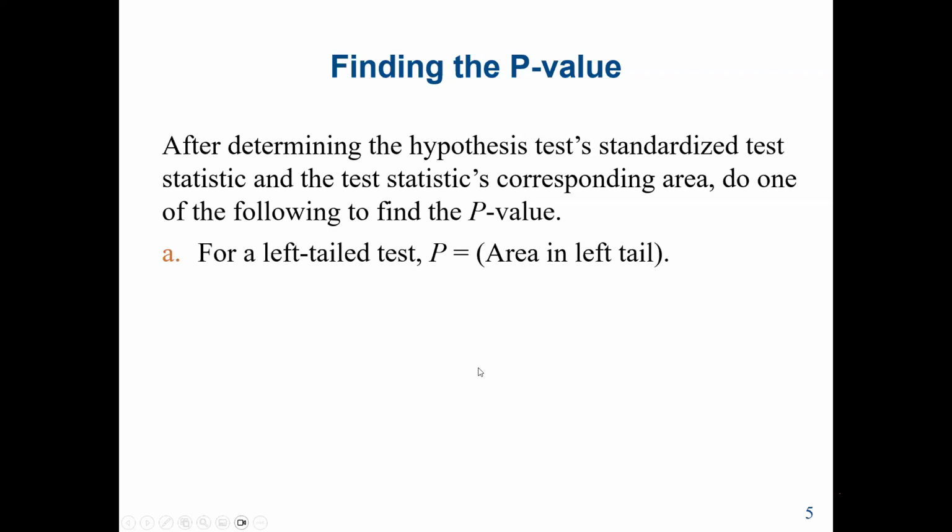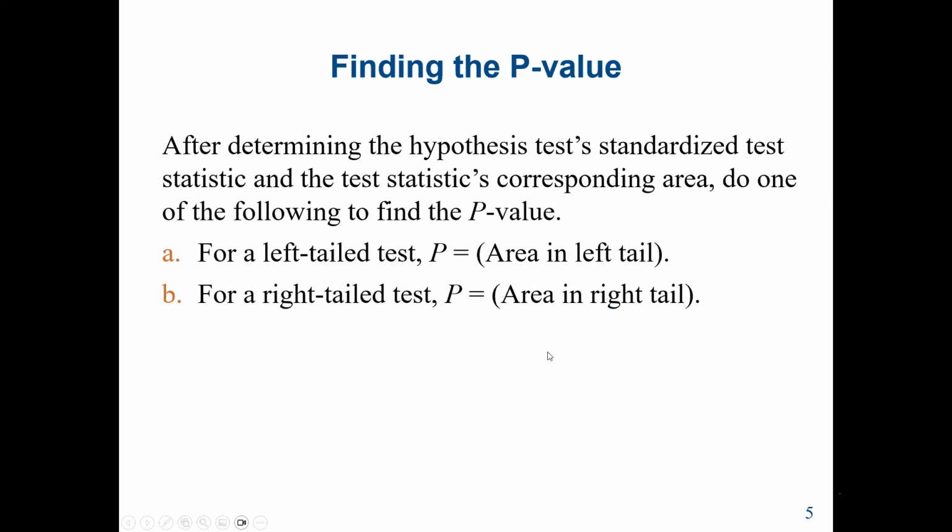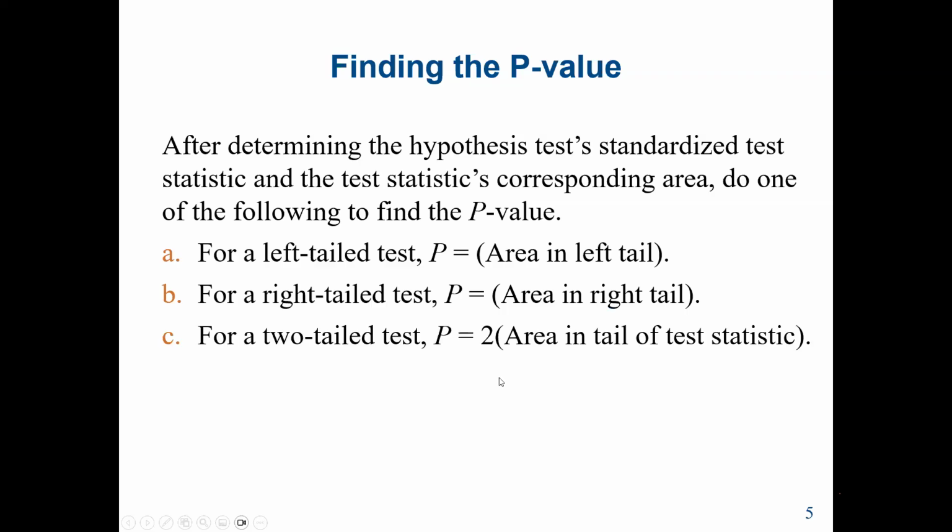First, for a left-tail test, we look at the area in the left tail. For a right-tail test, we look at the area in the right tail. For a two-tail test, we take the area in the tail of the test statistic times two.